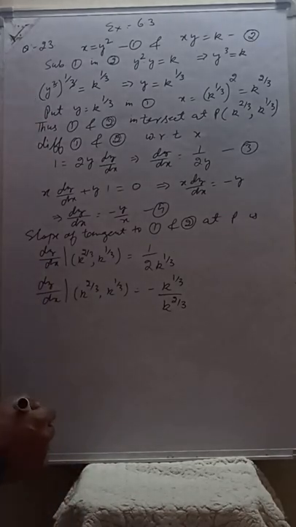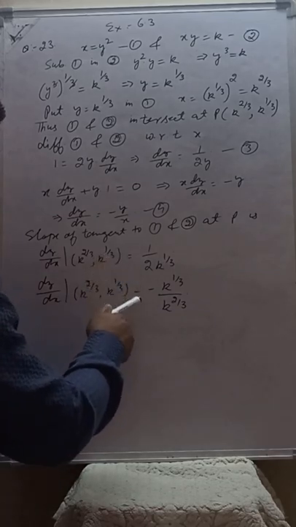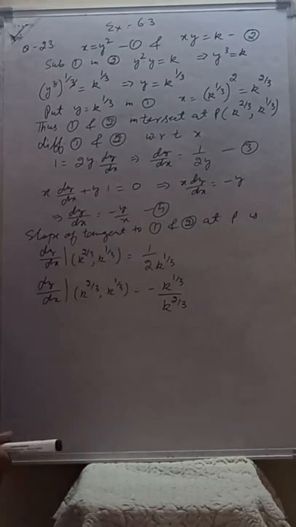Now the question is, the two curves intersect each other at right angle. What is the perpendicularity condition? Two curves will intersect each other at right angle when the product of their slopes is −1. That is m1 into m2 = −1. So we will apply that condition.